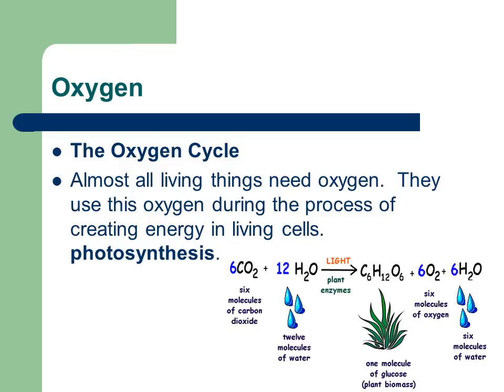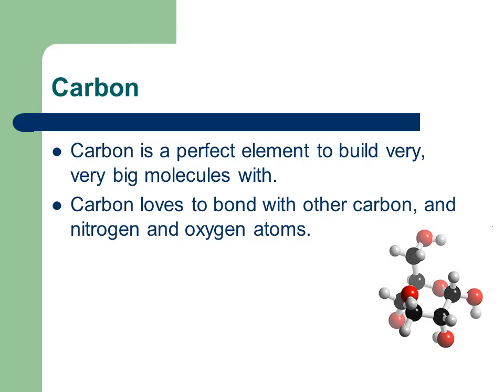The result of this chemical reaction, that's why it's on that side of the arrow, is 6 O2, which is oxygen. So oxygen is let off of this, plus 6H2O, and there's oxygen again. So you see how much oxygen is involved for this very important process of photosynthesis.